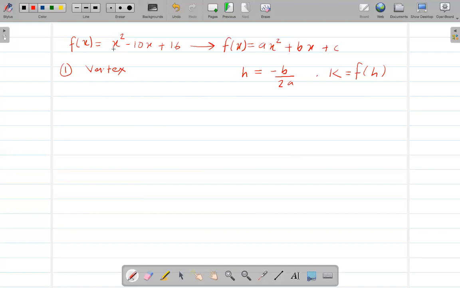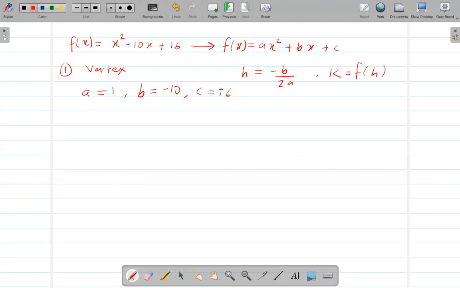So now from this one, we can say A, B, C. So the A is here on the front: A is 1, B is -10, and C is 16.